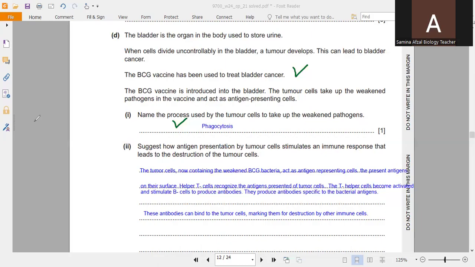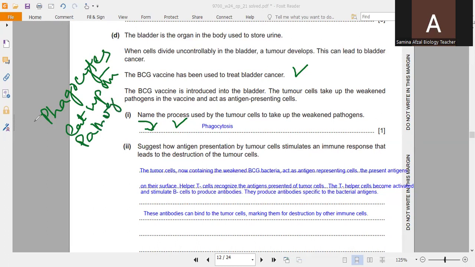It is the process by which the phagocytes eat up the pathogens. Phagocytosis suggests how antigen presentation by tumor cells stimulates an immune response that leads to the destruction of the tumor cells.